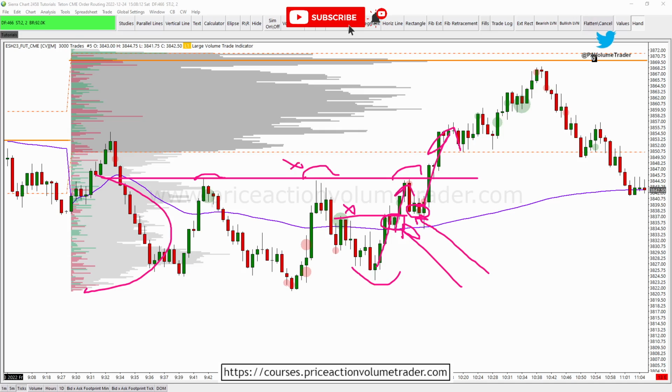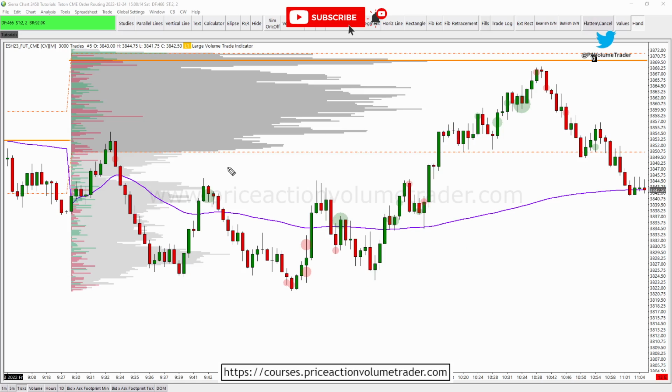So this is a tool that I use for confluence, both for identifying potential reversal areas where people are caught on the wrong side, as well as areas of momentum where if you're on a nice uptrend, you want to see big buyers coming in, helping to keep pushing the market in that direction.